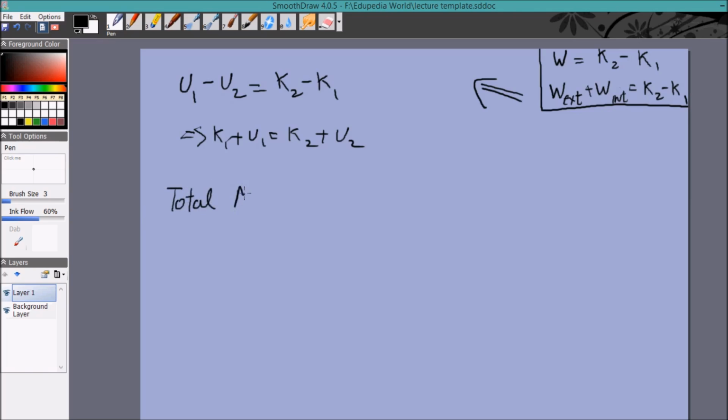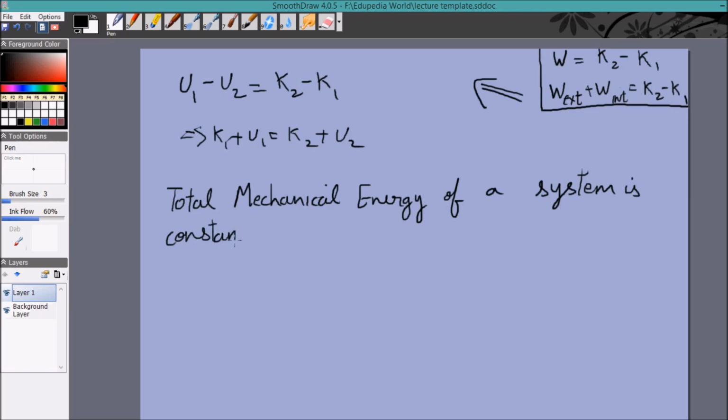the total mechanical energy of a system is constant if external forces do no work.